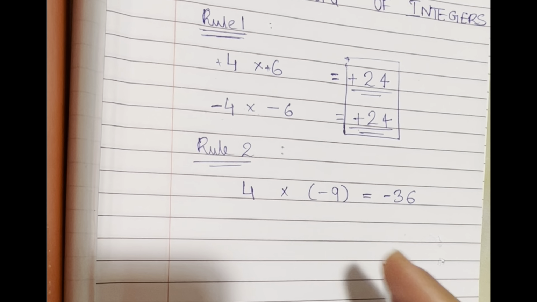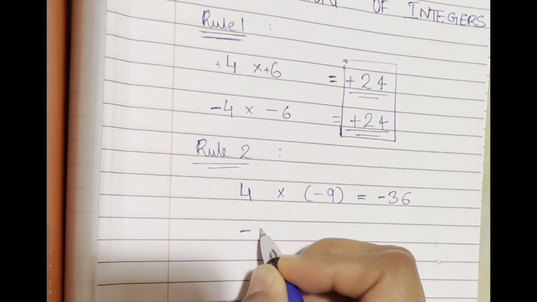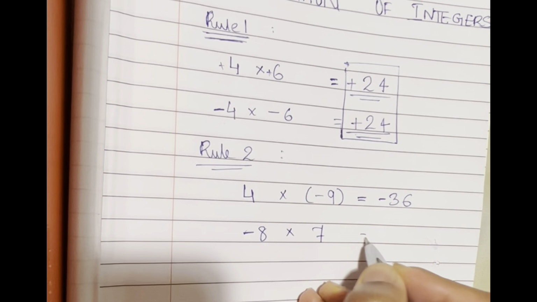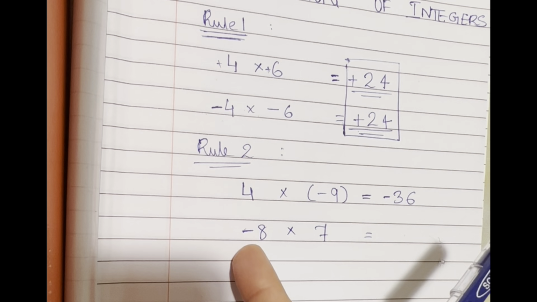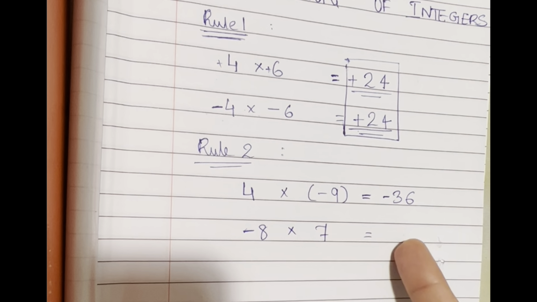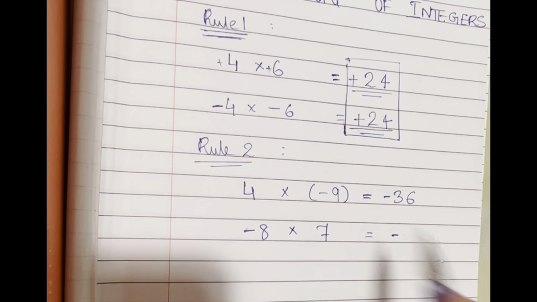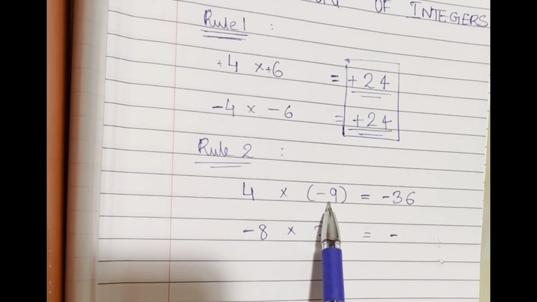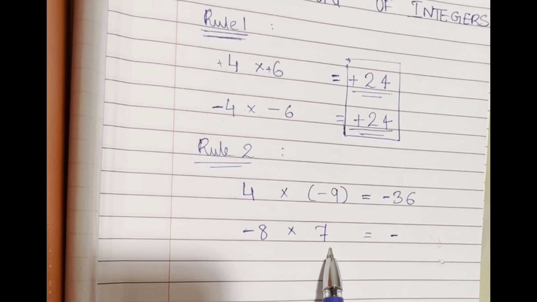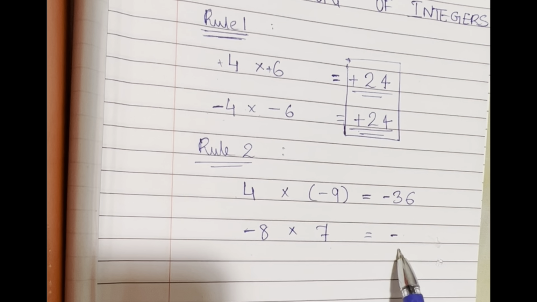Similarly, if it was minus 8 into 7, see here first comes negative, second comes positive. So what will be the sign? Negative. When one is negative, one is positive, the sign will always be negative.